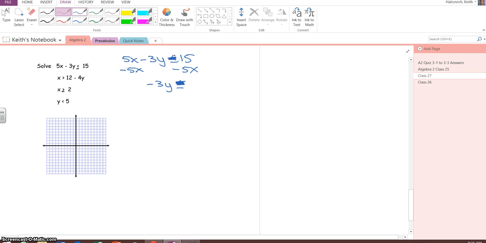So it's negative 3y equals negative 5x plus 15. So we divide by negative 3. And we get y equals 5/3 x minus 5. So that's the first one, which would be 1, 2, 3, 4, 5 for the point. Then you go up 5 to the right 3. Put another point, and you want a solid line.